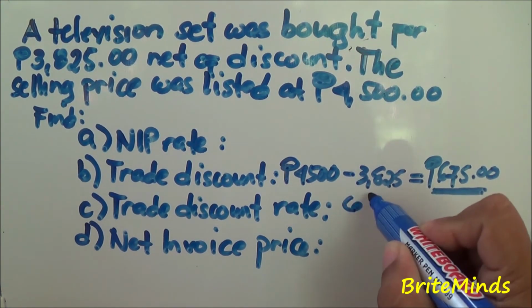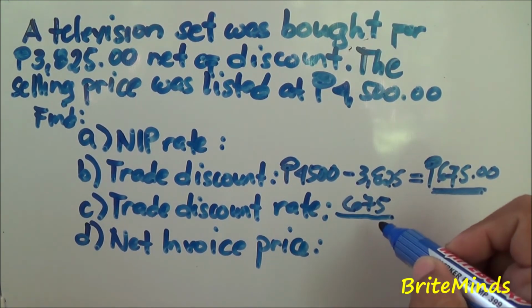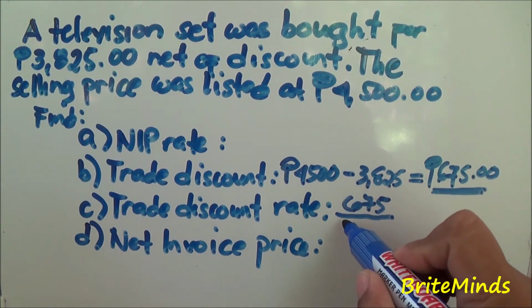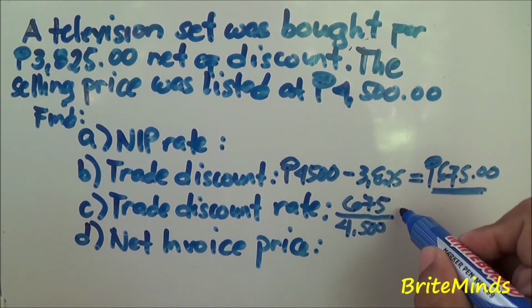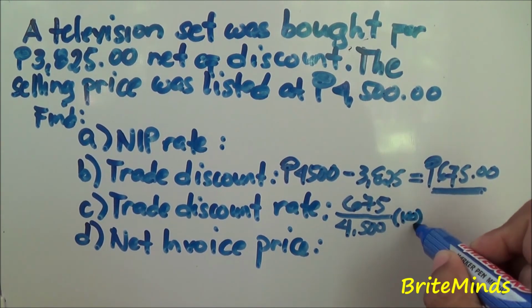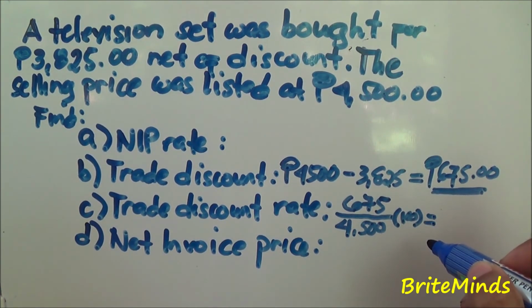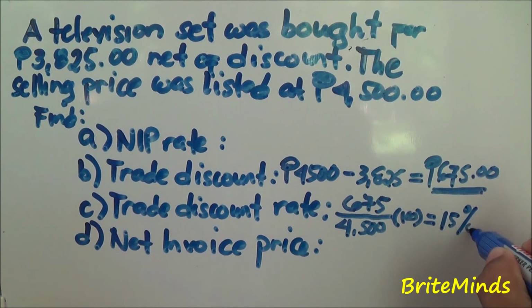So 675 divided by the 4,500 as the selling price, and then multiply it by 100 to find the percentage. So 675 divided by 4,500, the answer will be 15%. So the trade discount rate is 15%.